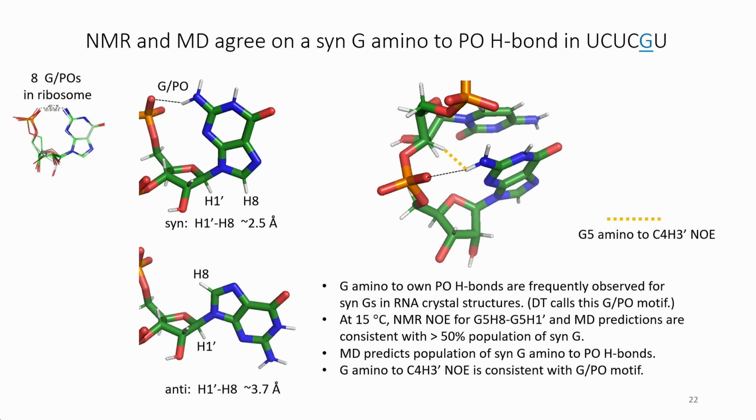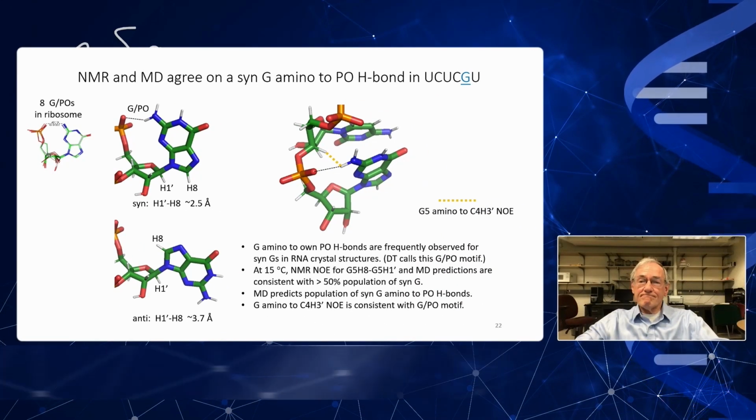The right-hand side of this slide shows again that hydrogen bond from the G5 amino group to the non-bridging oxygen of its own phosphate. And the question is, can you see that in an NMR spectrum? At first, we did not look for that. But when we were looking at the simulations, if you look at the yellow dotted line, we could see that there should be an NOE.